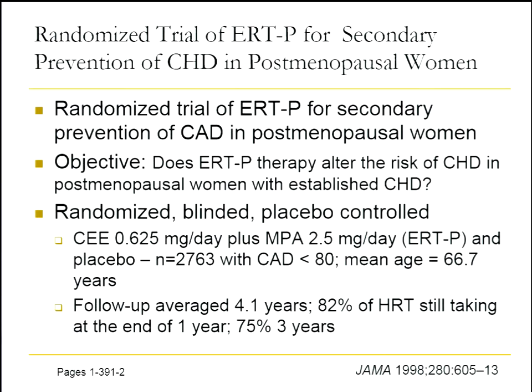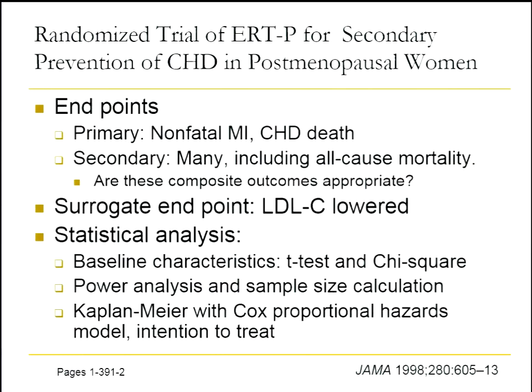82% of patients were still taking hormone replacement therapy at the end of 1 year, and 75% at the end of 3. The endpoints: this was a combined primary endpoint, non-fatal MI and coronary heart disease death. There were lots of secondary endpoints, but the most important was all-cause mortality.